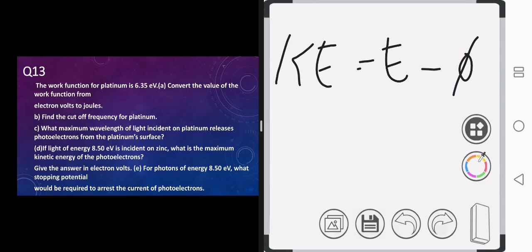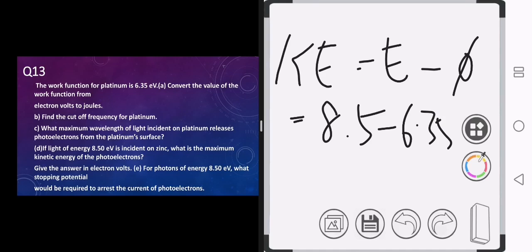So 8.5 eV minus the work function, 6.35. Just like that. Give the answer in electron volt, no problem because it is already in electron volt.